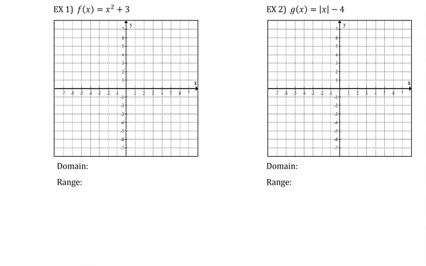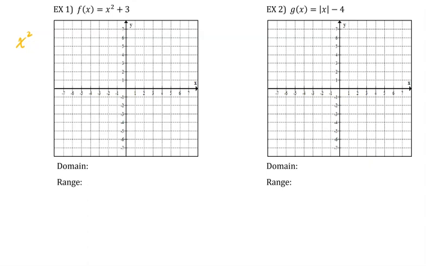If you don't, maybe make the parent graph just dotted, so you know it's not your final answer. Because the first thing we're going to do is graph the parent, which is x squared. So ignoring that plus 3, it would just be x squared, which we know how to graph.